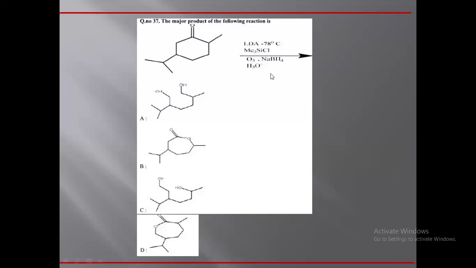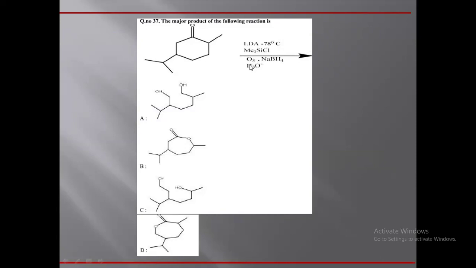Actually there are three to four reactions here. First, LDA is the base; it will abstract the acidic proton from the less hindered site. Then the O minus takes part in conjugation and attacks the silyl chloride, and chloride is eliminated.